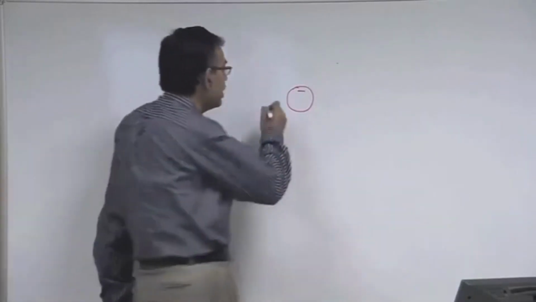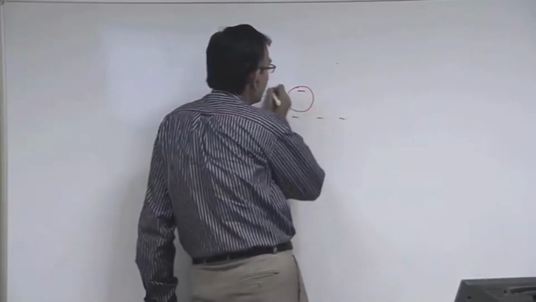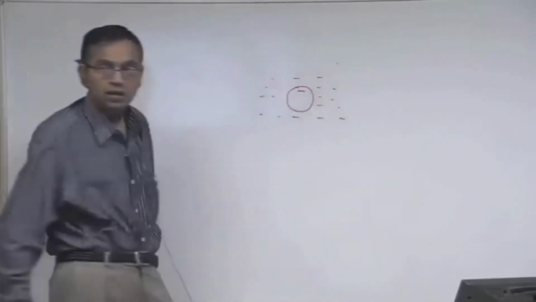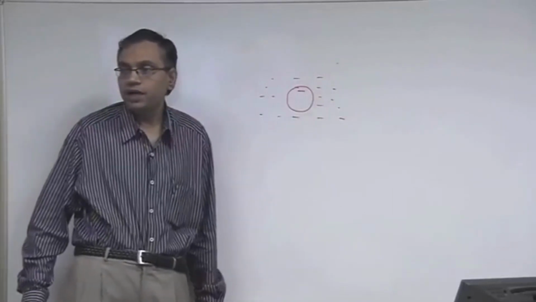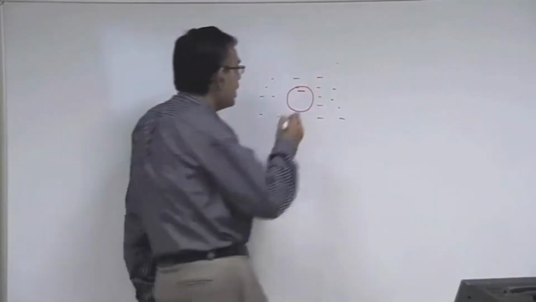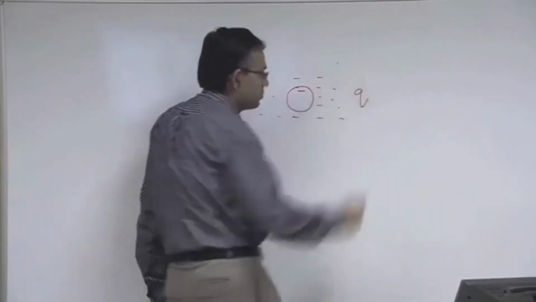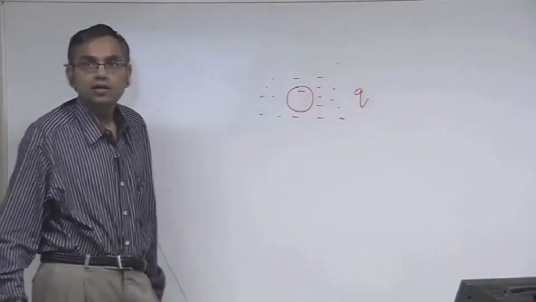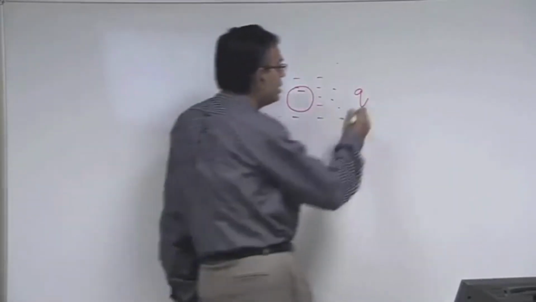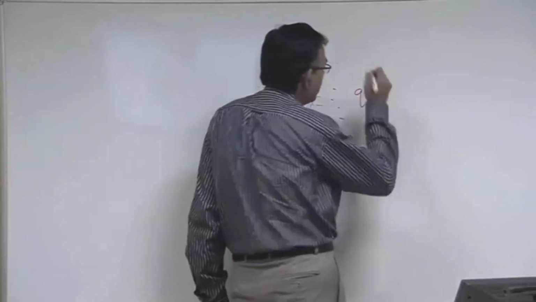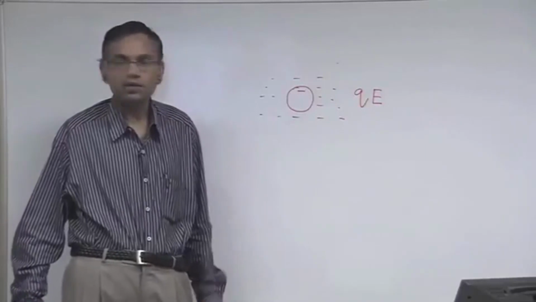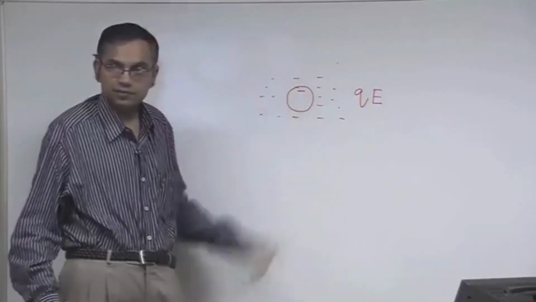So, let us say there is a fluid medium, and there is an electric field applied on this. Let us say that Q is the charge. So, if Q is the charge and E is the electric field, then Q into E is the force that is acting on this charged species.